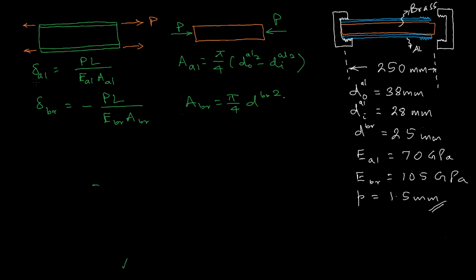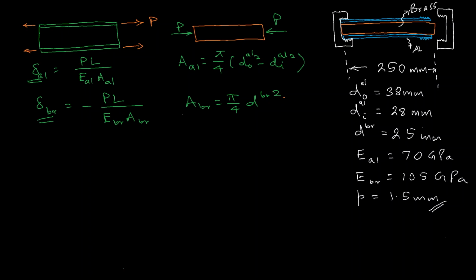But then the main important thing comes. Now see, this is an extension and this is a compression. The gap which is initially there is actually getting filled up by these two movements.